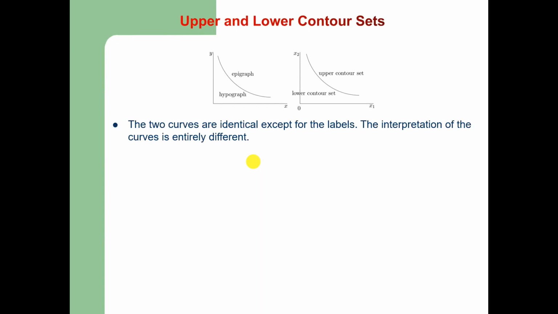The two curves are more or less the same, and they are identical in shape except for the labels. The labels of these two diagrams or these two figures are different.